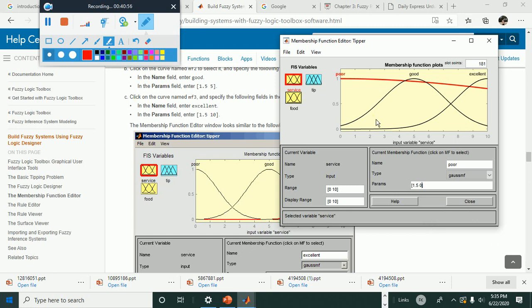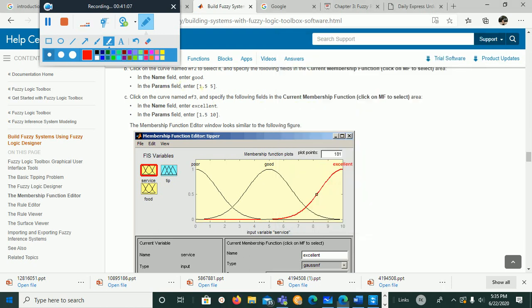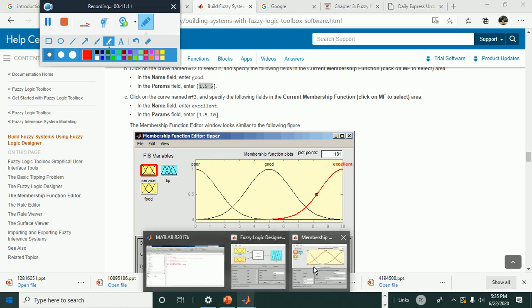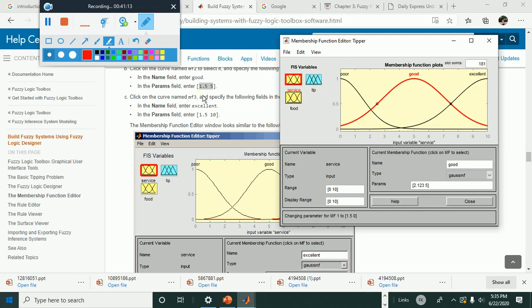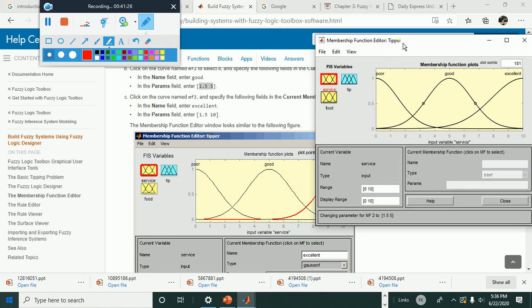Now it will be looking good, and for good the parameter is from 1.5 to 5, so we will give it numbers from 1.5 to 5, and it will exactly look like this.